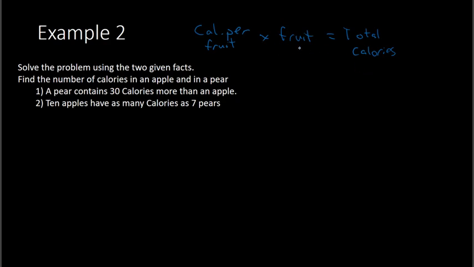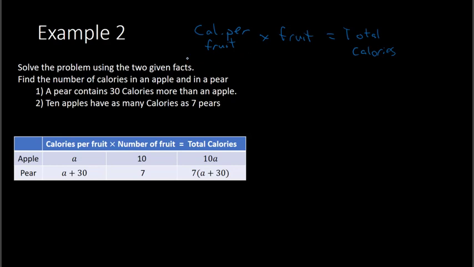And I chose this equation here because we have information about the total calories. We have 10 apples have as many calories as 7 pears. So the total calories is information that we know things about. Okay, so the only way to get total calories is if we take the calories per fruit and multiply it by the number of fruit.